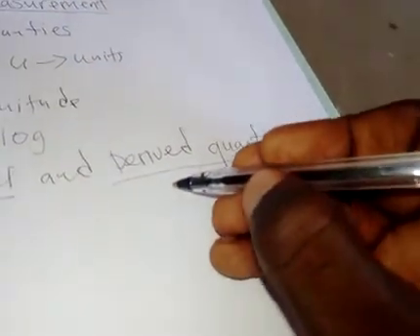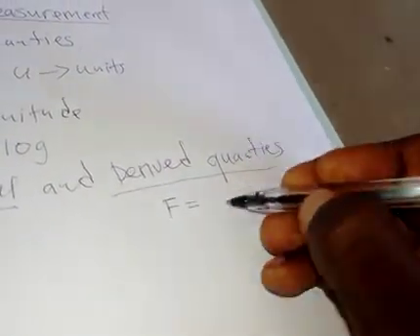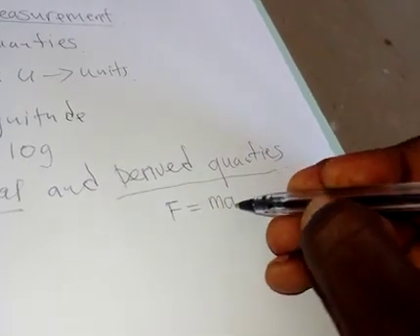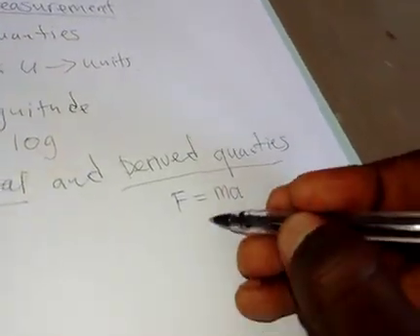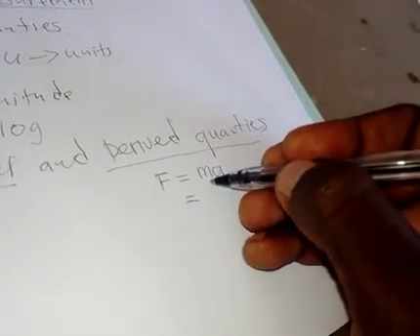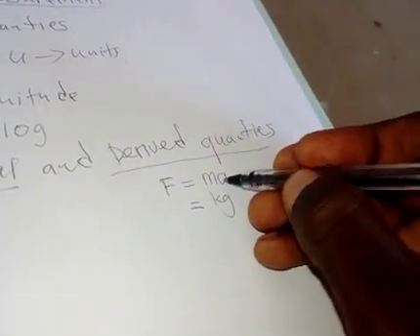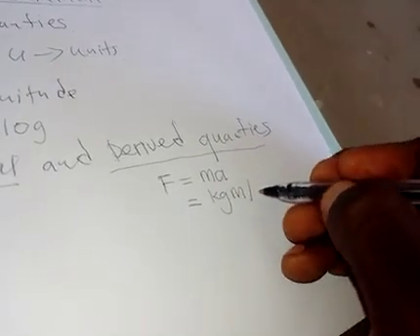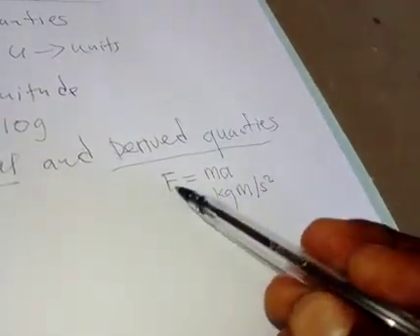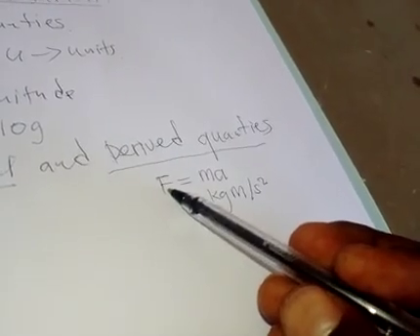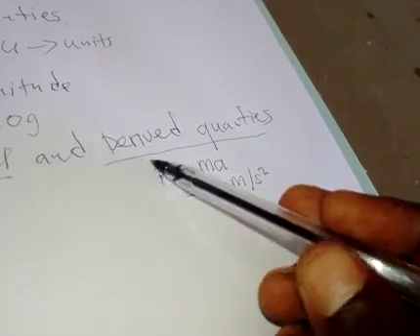For example, we know that force is equal to mass multiplied by acceleration. Mass is measured in kg, and acceleration in meters per second squared. This force is a physical quantity. Now, what quantities form the force?